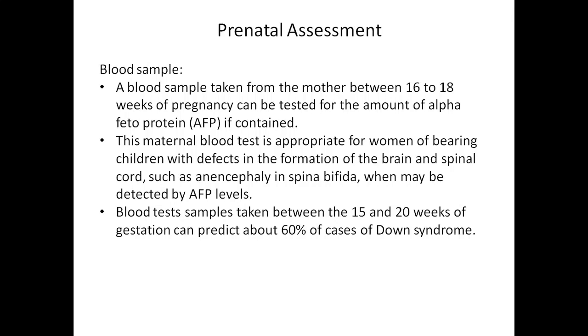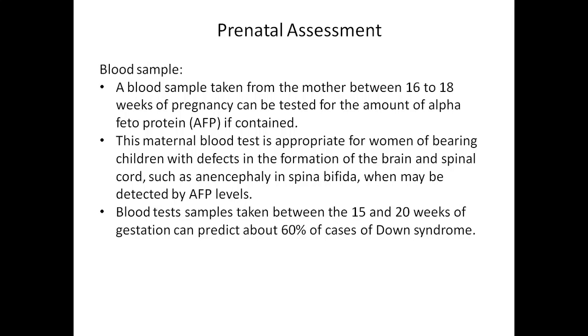This maternal blood test is appropriate for women at risk of bearing children with defects in the formation of the brain or spinal cord, such as anencephaly or spina bifida, which may be detected by high AFP levels. To confirm or refute the presence of suspected conditions, ultrasound or amniocentesis or both may be performed.